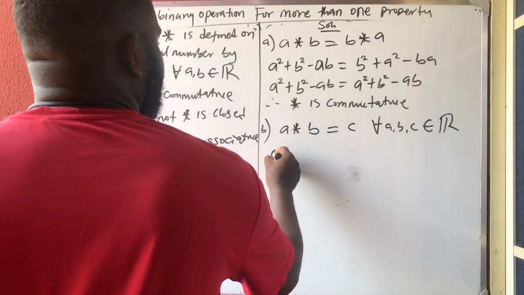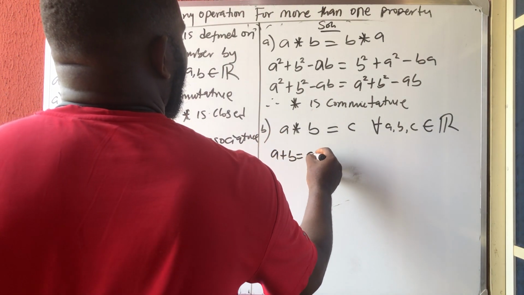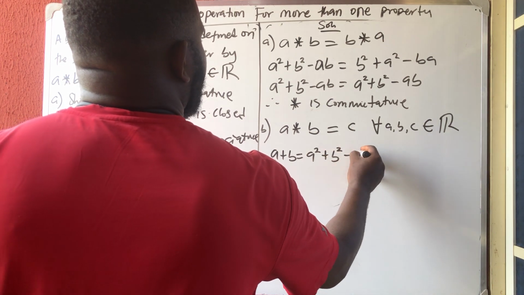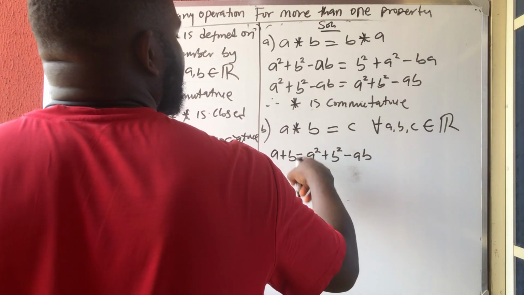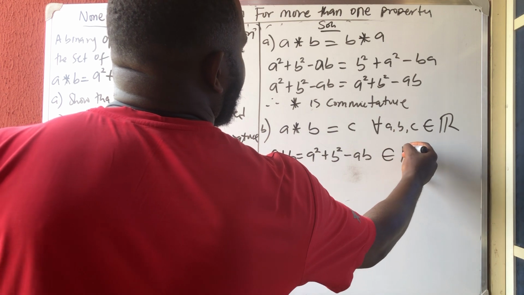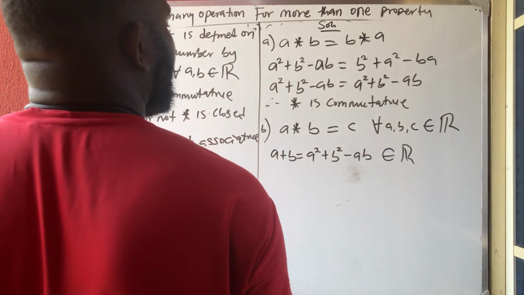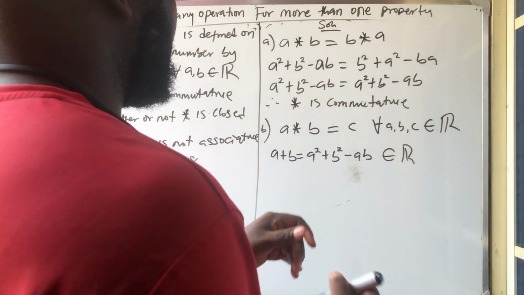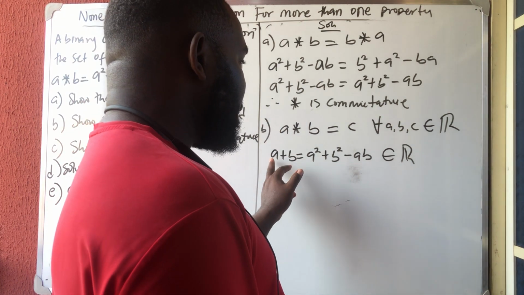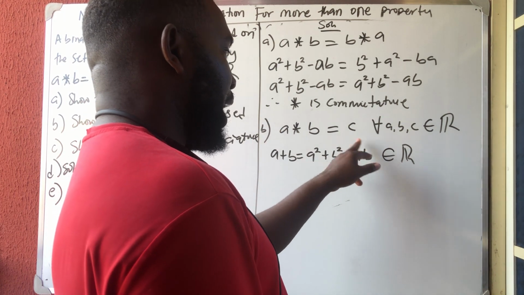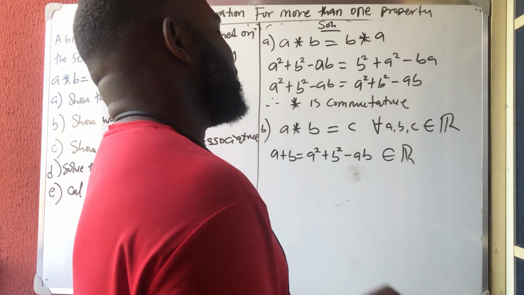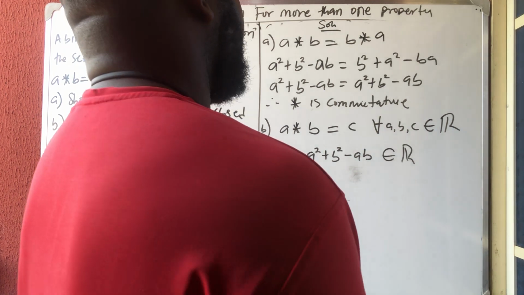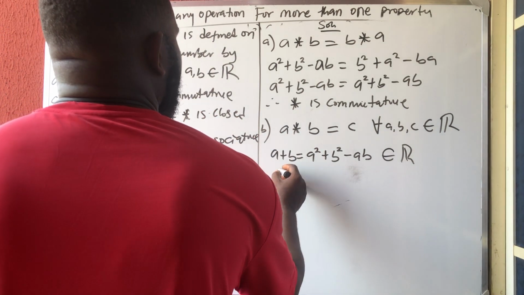So since we have that A star B is equal to A squared plus B squared minus AB, is this answer going to come from the real numbers? Yes. Any answer you get here must be a real number. If you put any two real numbers here and work on it, it must give you a real number. It can never give you a complex number. So it is closed.